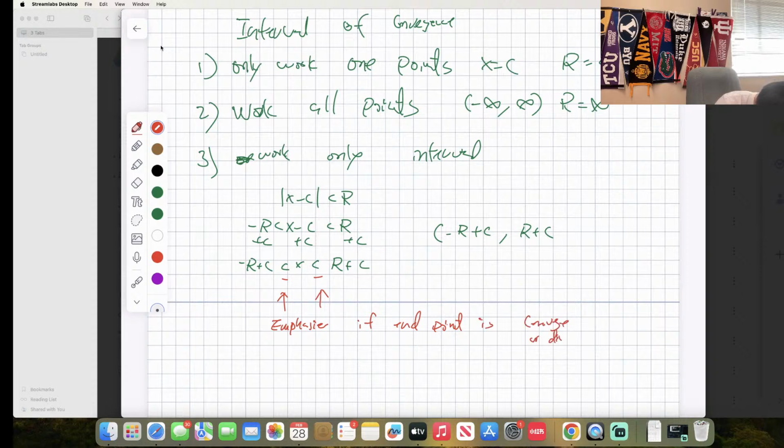We're going to talk about that later, so this is something you have to prepare for in the future. But endpoints matter too, because sometimes an endpoint converges and sometimes it diverges. They are very easy tests. All you have to do is plug into the original function and see whether it's an AST, or harmonic, or some easy series that you did before.